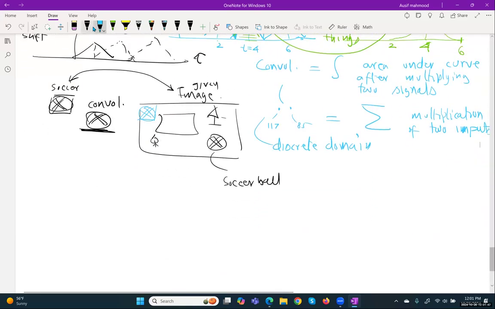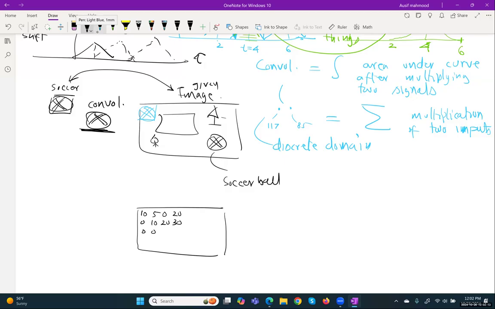Let me pretend the background is like this. The pixel values are 10, 5, 0, 20, 0, 10, 20, 30, 0, 0, let's say 10, 0, 1, 5, 10, 20.